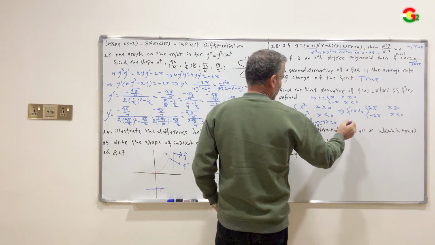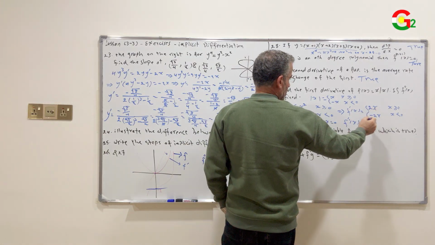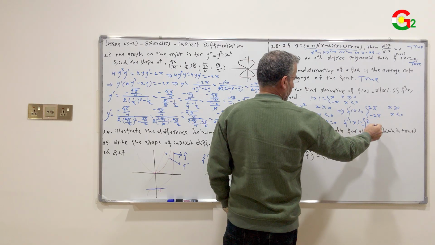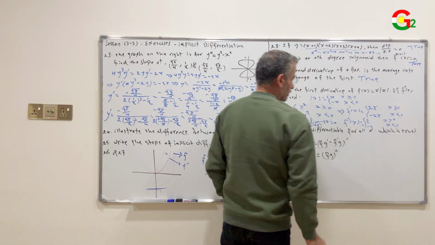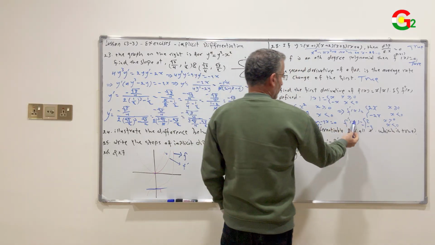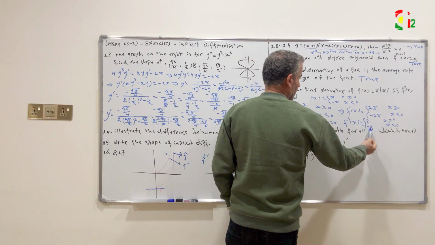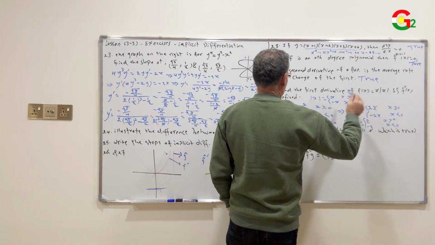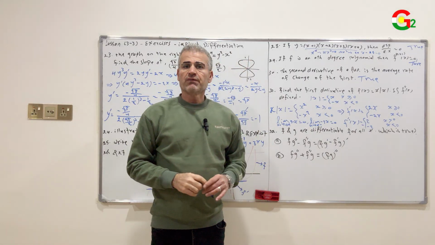For the second derivative, we differentiate 2x when x is greater than 0 and negative 2x when x is less than 0. Since the second derivative from the right equals 2 and from the left equals negative 2, the second derivative of this function is not defined.